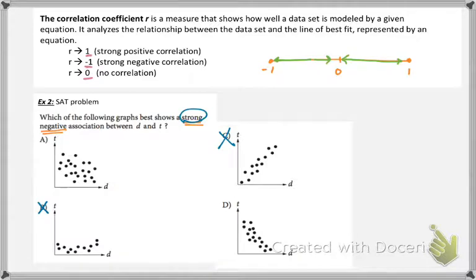If I draw a line of best fit, okay, which line of best fit would make a better prediction? And you can probably guess that it would be D, because the points are more clustered around that line of best fit. And so whatever the equation of this line is will give me a better prediction than the line of best fit for option A.